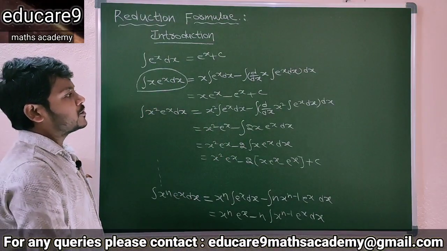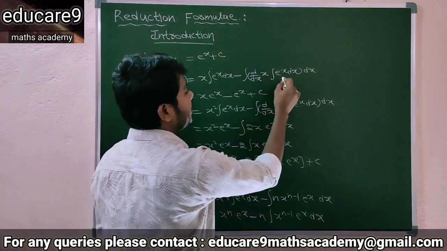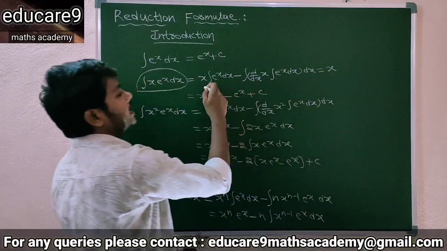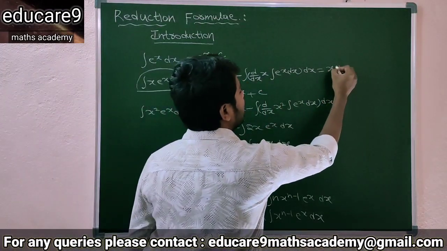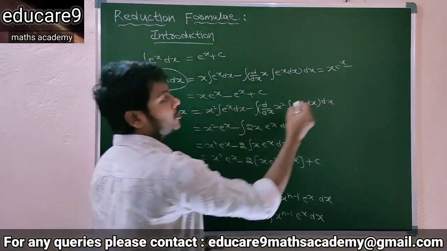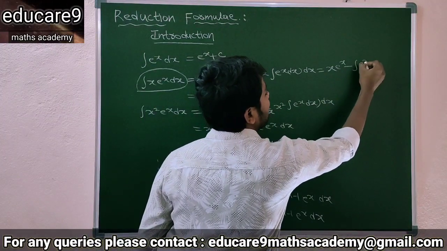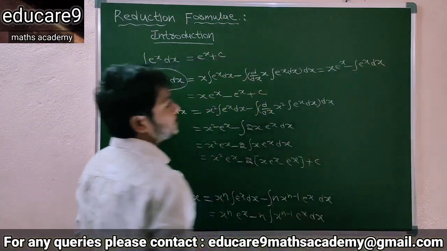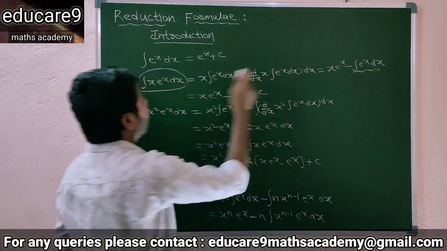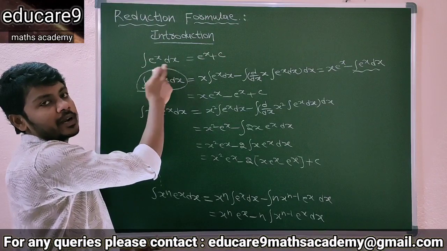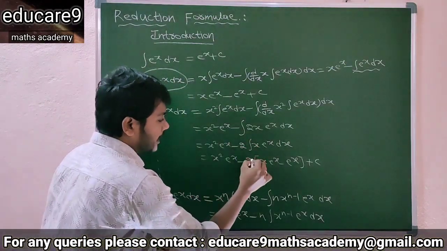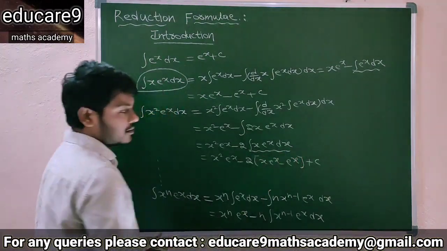Once you observe this, this can be written as x into integration of e power x minus derivative of x, 1, integration of e power x, that is integration of e power x dx. So clearly this is the term before.